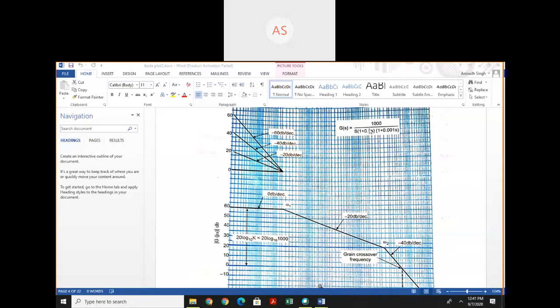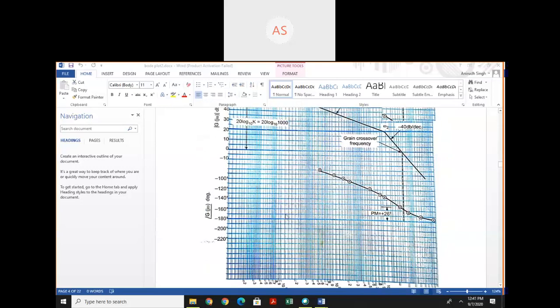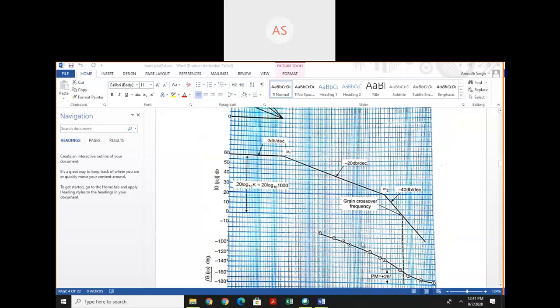This pole is active. So this is 10, 100 and 1000. First corner frequency is 10, second corner frequency is this.